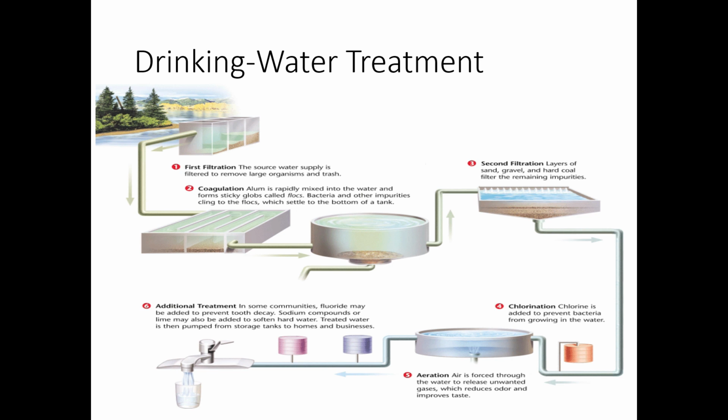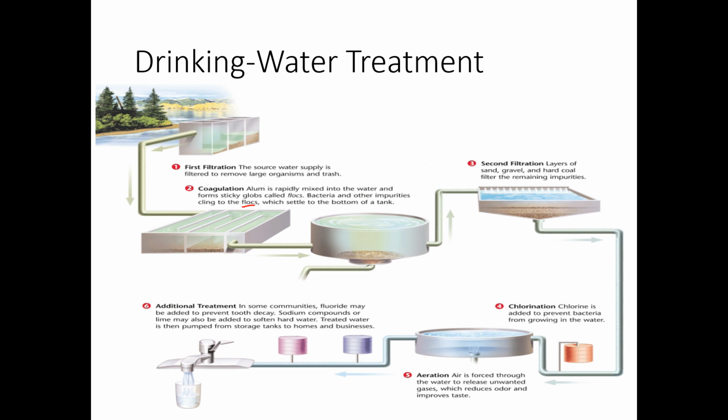We add aluminum to this water, and aluminum attracts bacteria and other impurities, stuff that we don't want in the water. It clings onto that aluminum and forms things called flocks, and these flocks settle to the very bottom of the tank. So these are the flocks down here.